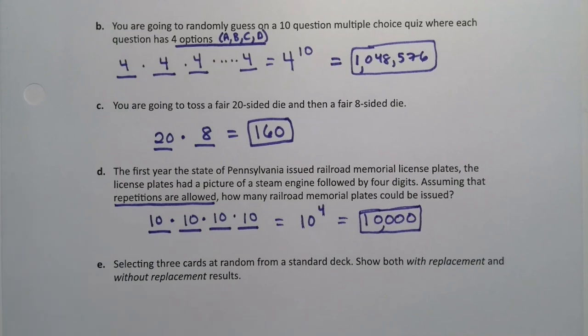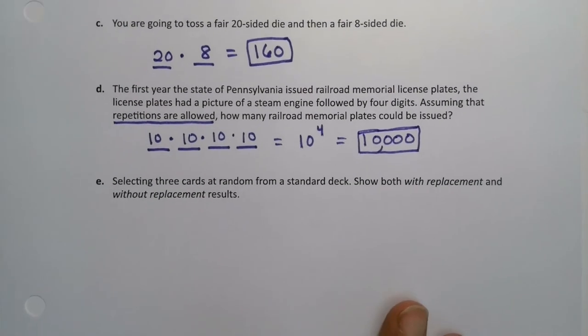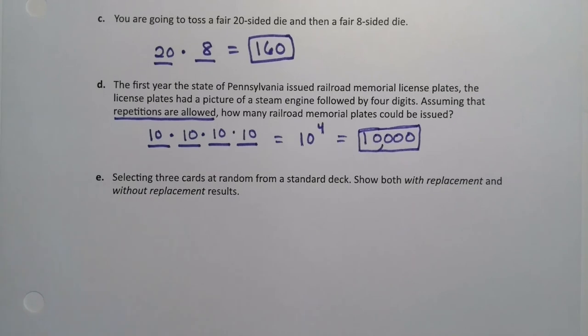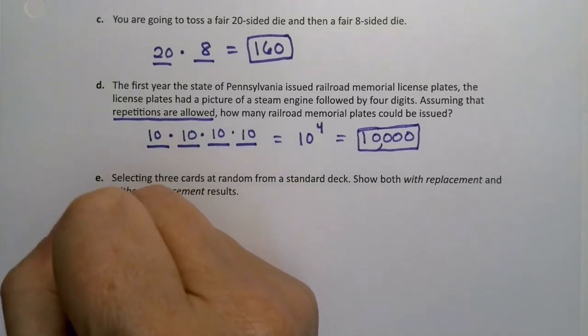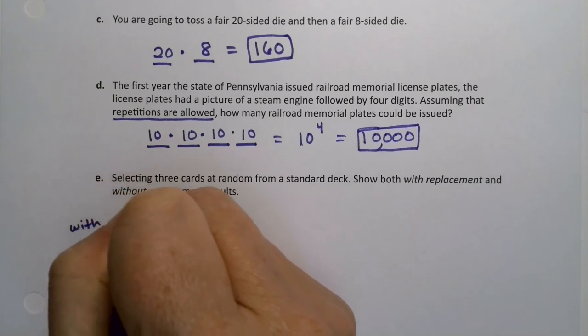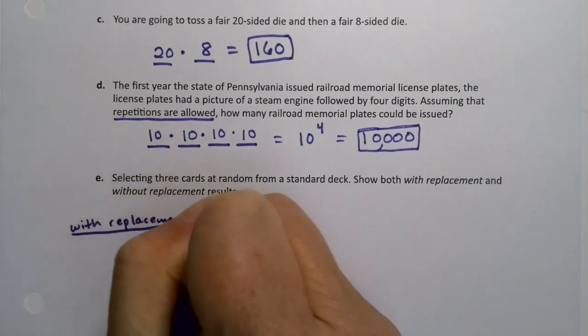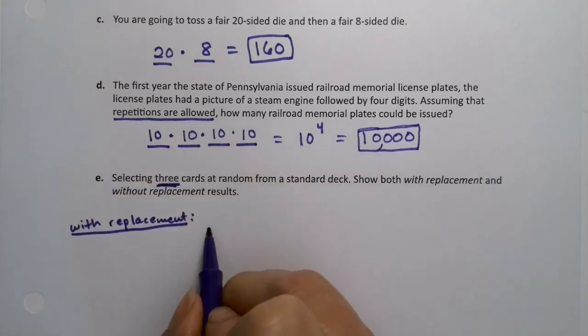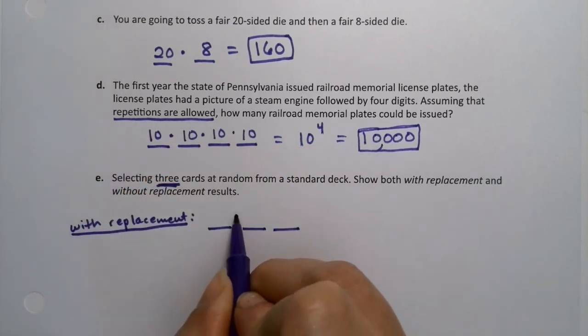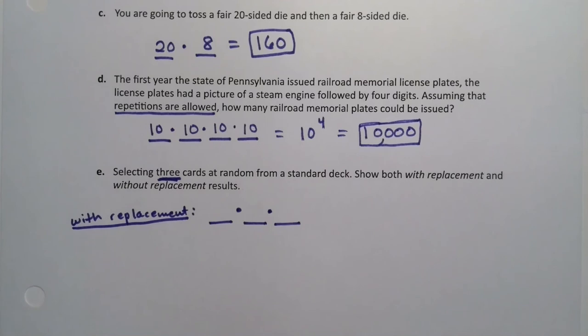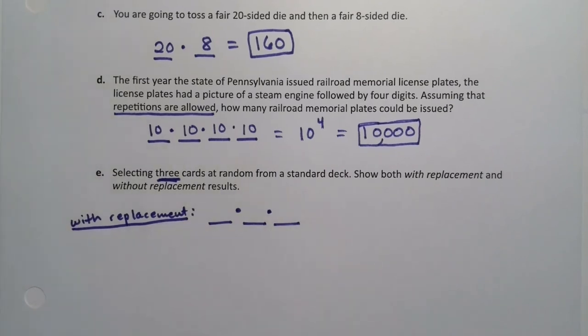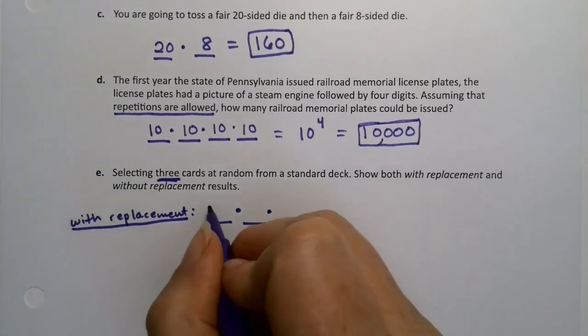All right, now let's see here. Select 3 cards at random from a deck. Show both with replacement and without replacement results. All right, so let's do with replacement right here. If we take it with replacement, we're choosing 3 cards. So there's 1, 2, 3 options, and you're going to multiply between the 2. When you choose your first card, it has 52.